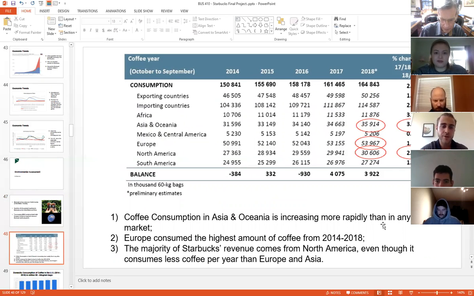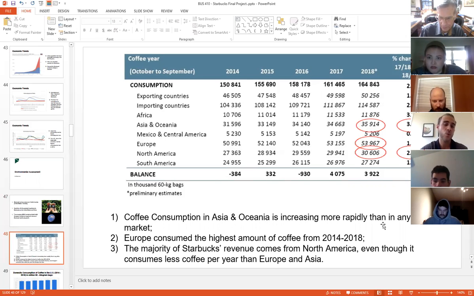This table right here shows the coffee consumption in the different continents. So the first takeaway is that coffee consumption in Asia is increasing more rapidly than in any other market. So that's very good for Starbucks to implement strategies over there.